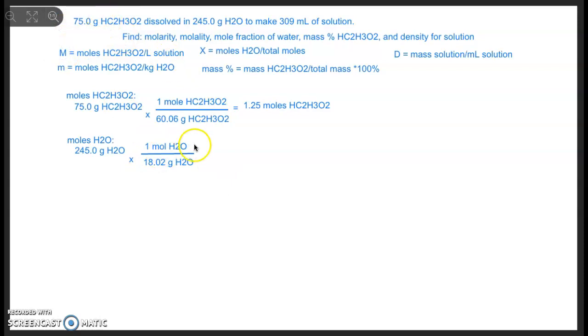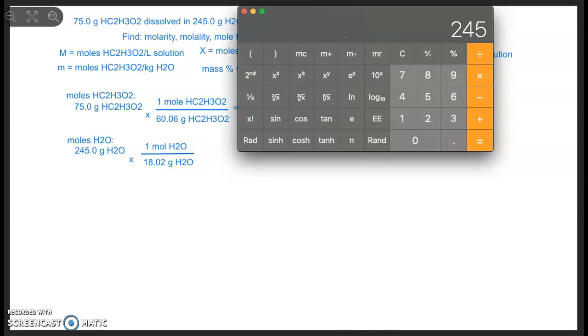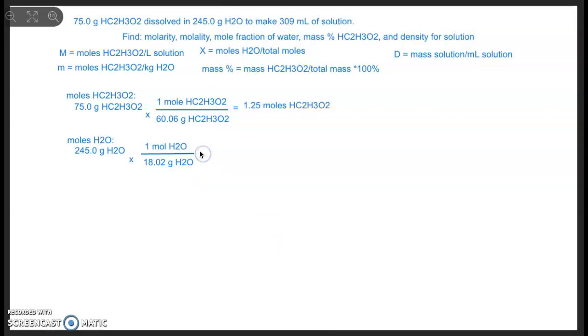And so 245 divided by 18.02 is, to four significant figures, 13.60 moles of water.